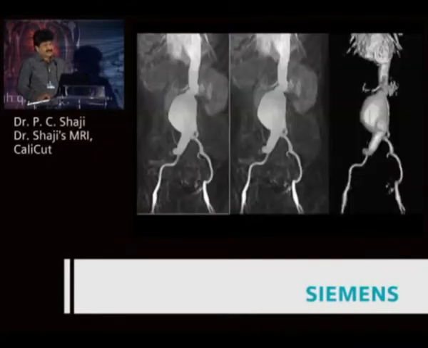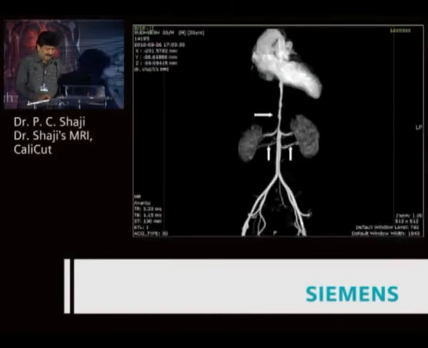This is again a young patient, 26 years. You can see the angio showing irregular narrowing of the thoracic aorta. These are the axillary renal arteries. So it's most probably a case of aortoarteritis.